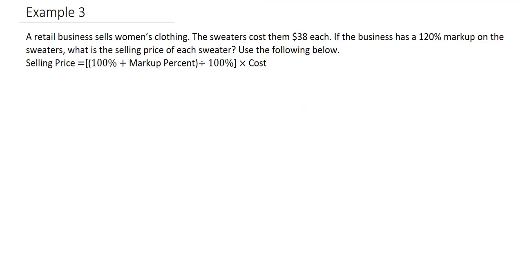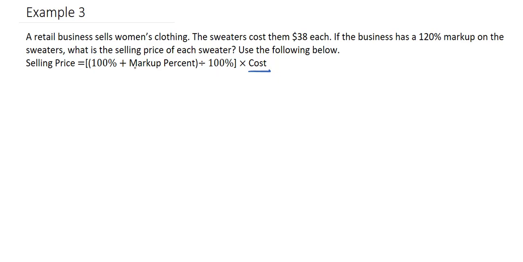Example 3. A retail business sells women's clothing. The sweaters cost them $30 each. If the business has 120% markup on the sweaters, what is the selling price of each sweater? So we're going to use the following below. Notice that this equation actually is just one, and we can still solve it by knowing the markup and the cost.